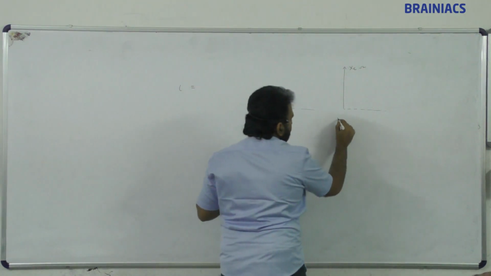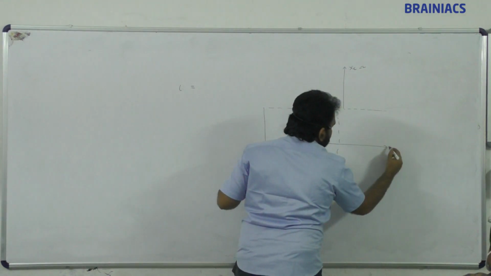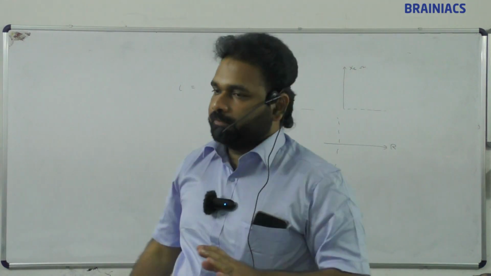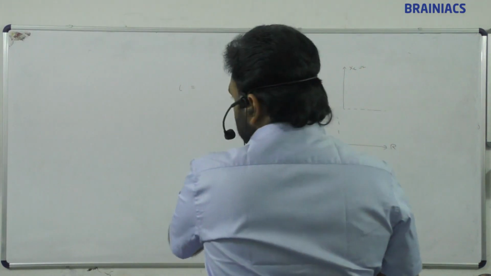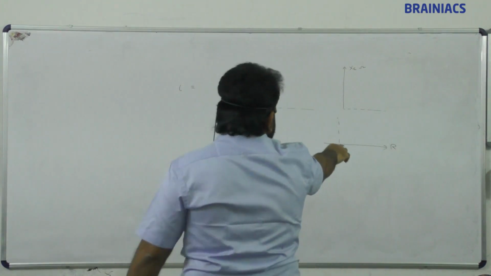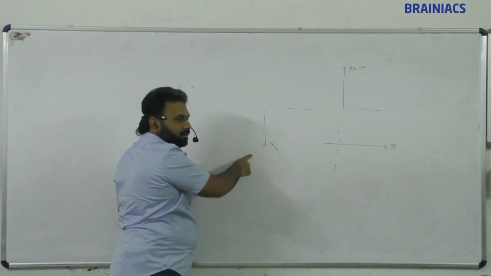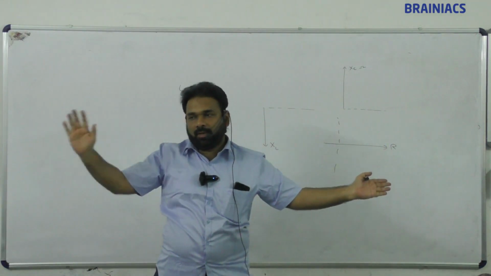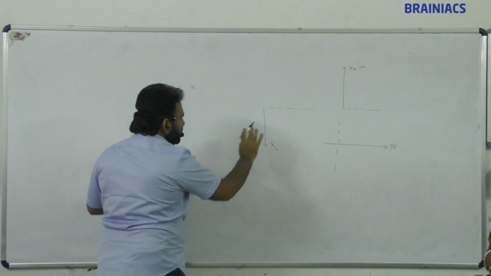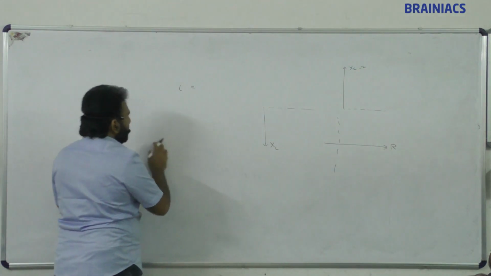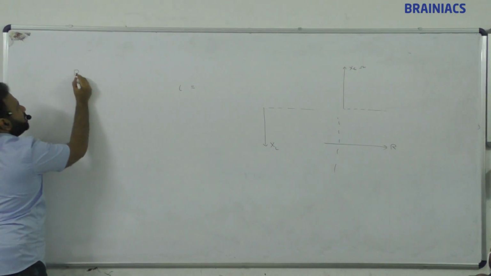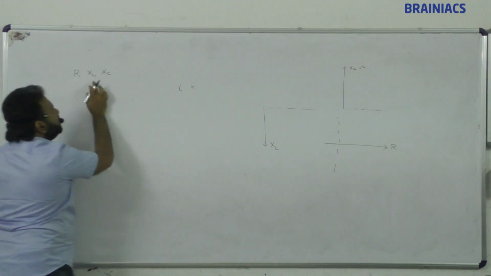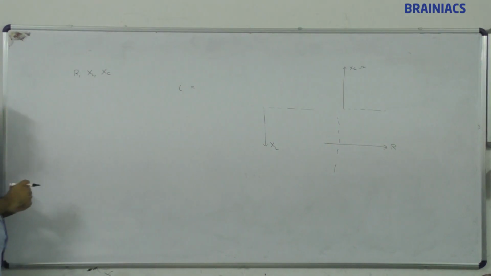Same way, this is R. R will be in phase with the source, which will be in phase with the current, and this will not make any problem with the phase. XL and XC, they are opponents. R is there, XL is there, XC is there. These two will always be opposing.